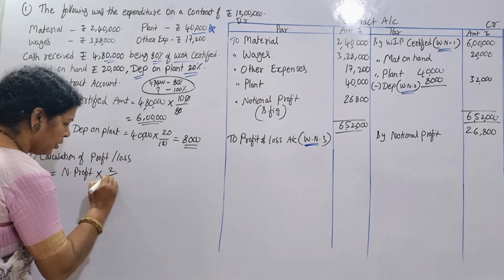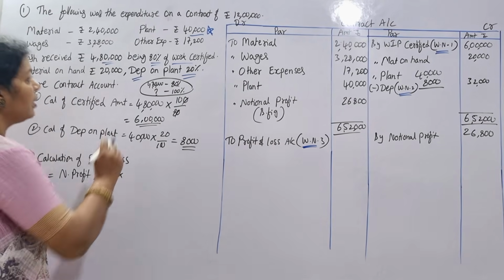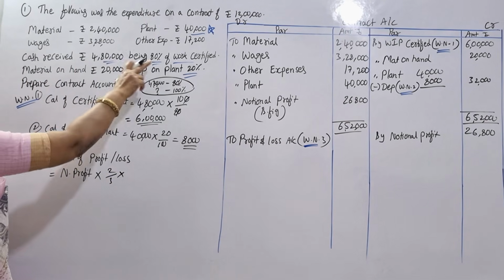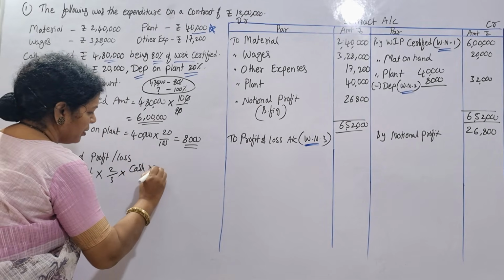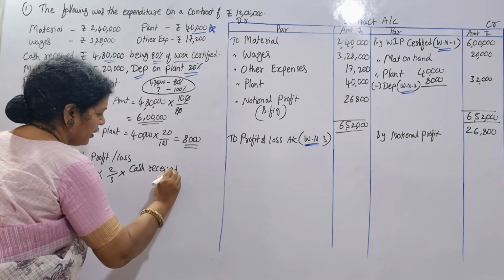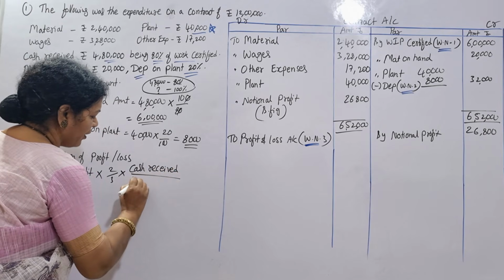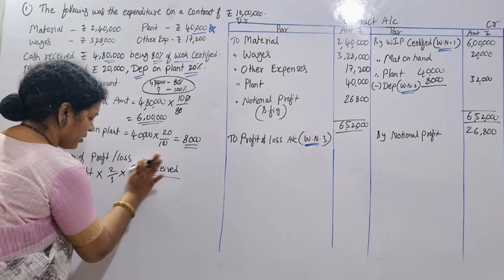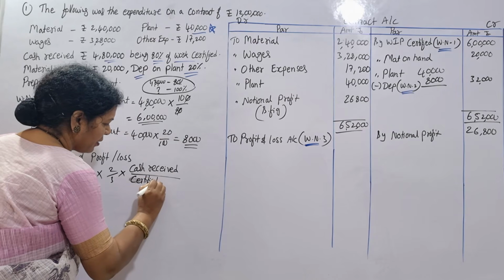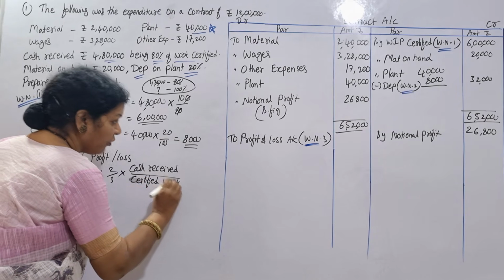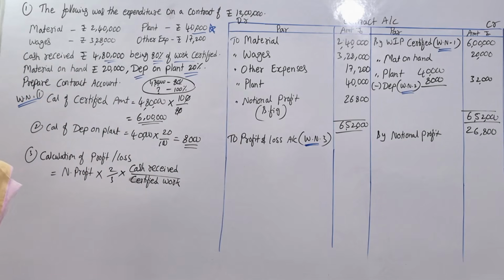Notional profit into 2/3 into cash received by work certified. Cash received by certified work, you can say either. So this is the formula to calculate the profit or loss.